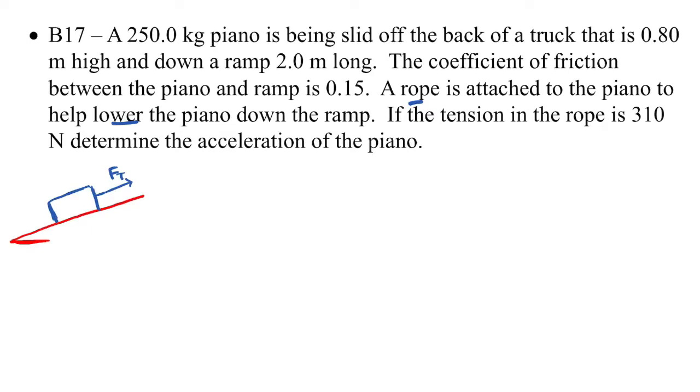So what's weird here is force of tension is up, but so is force of friction. Because, again, force of friction always opposes motion, and this guy is moving down the ramp. So force of friction is going up the ramp. We have our normal force as per usual, perpendicular. Yay. And then, of course, our force of gravity going straight down here.